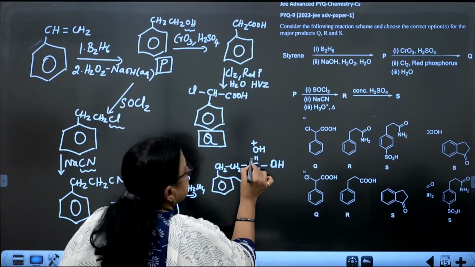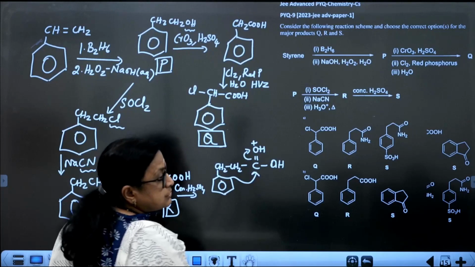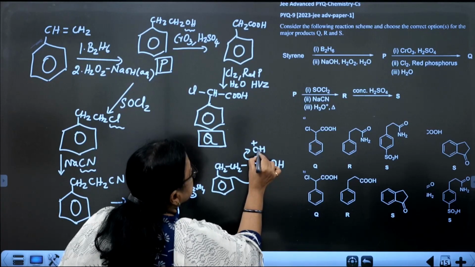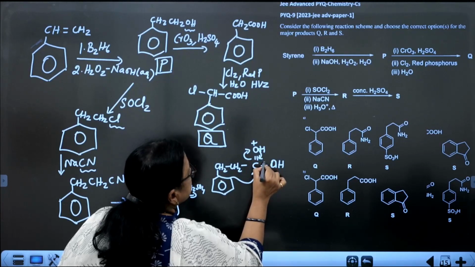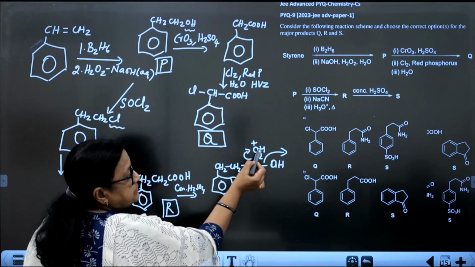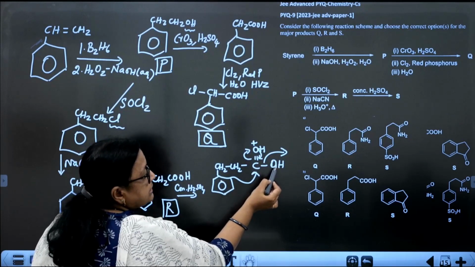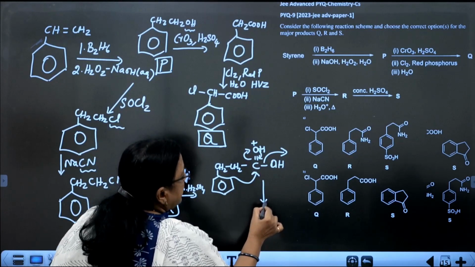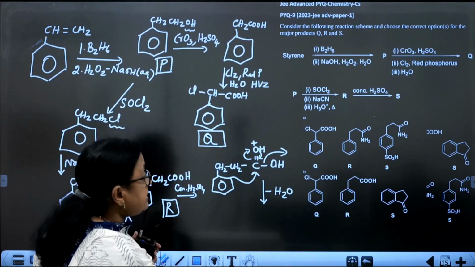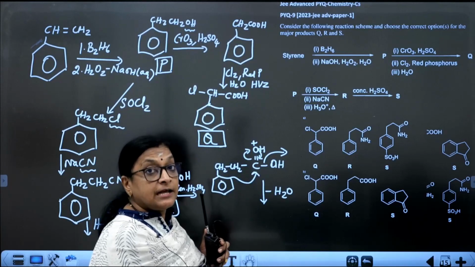So at the ortho position it undergoes electrophilic aromatic substitution. Naturally there is a shift of pi electrons from this to oxygen, and then the electrons shift back, and the leaving group OH minus moves out. H plus leaves from here, OH minus leaves from here, so a mole of water is eliminated: dehydration as well as cyclization.